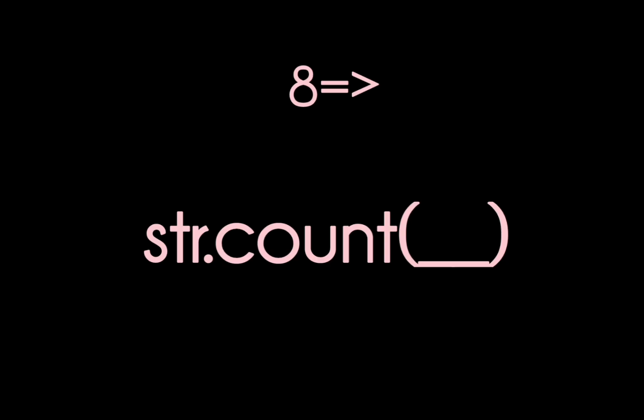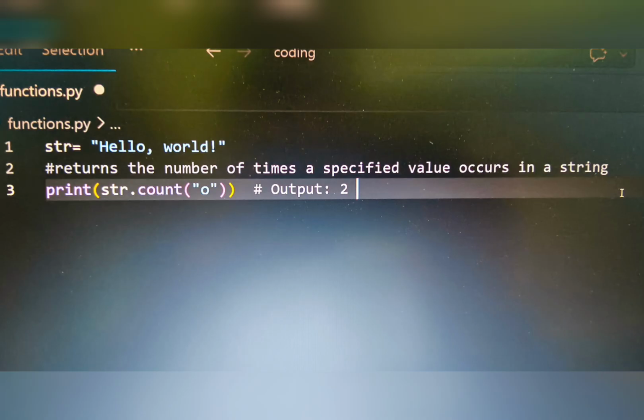Now, the next function is count. Here I have written str.count o. This will count the number of times our letter or a word has occurred, whatever we are searching for. So here I have written print str.count o. This will find how many times I have written o in my string.